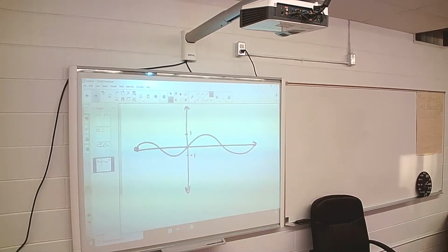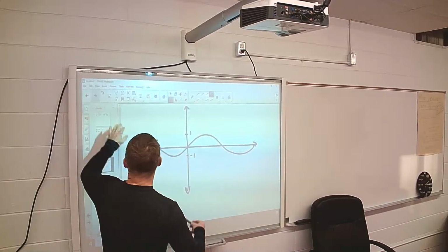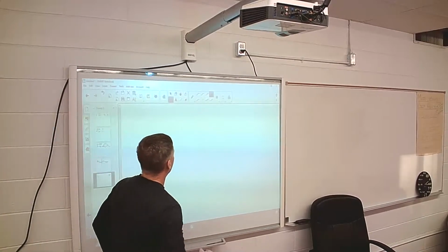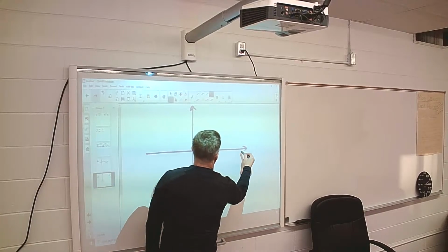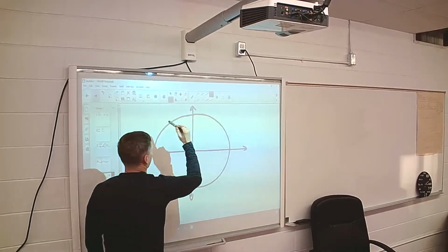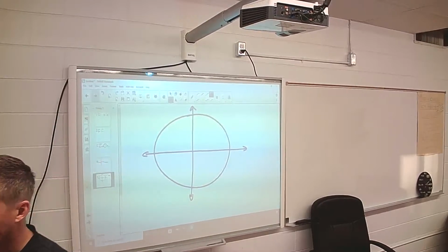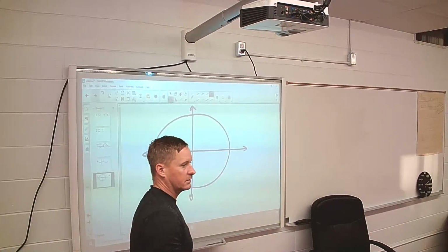Now, thinking about trigonometry for a second, and then I'll explain this using the unit circle. Because we did this in grade 11, so we're going to do it again. But thinking about trigonometry, when you are doing right angle trig, can sine and cos ever be larger than 1?